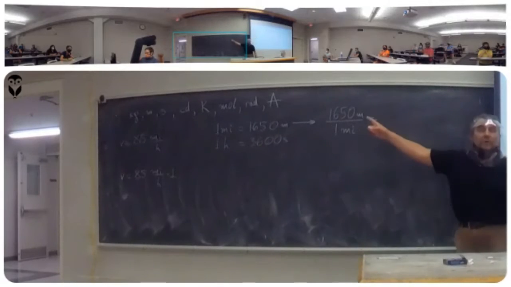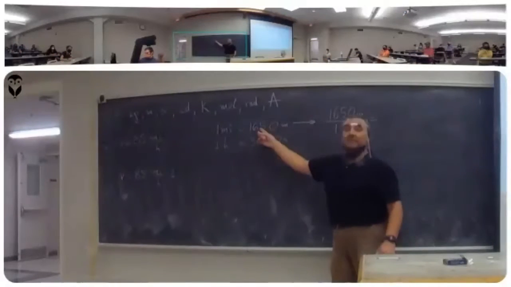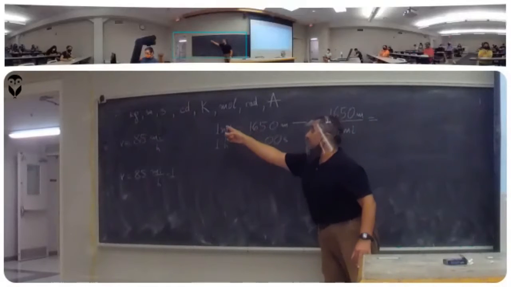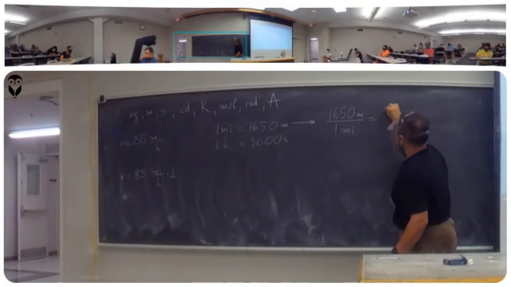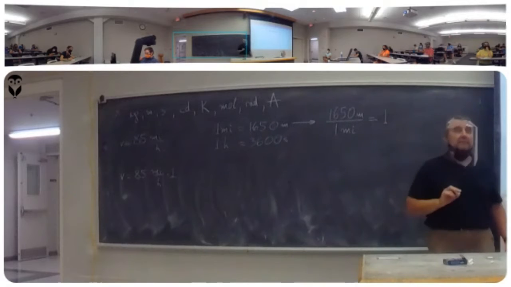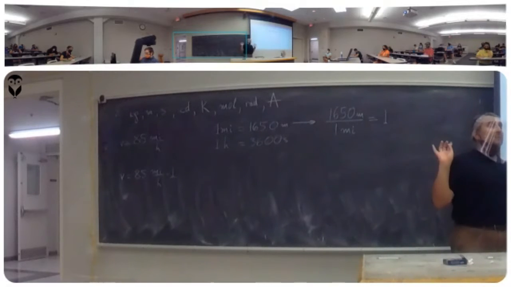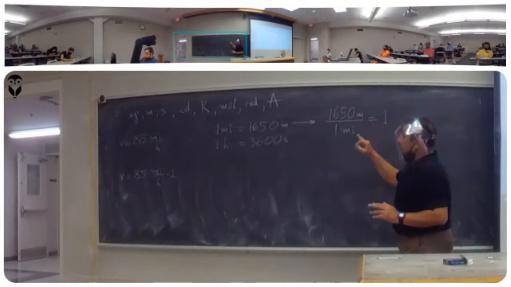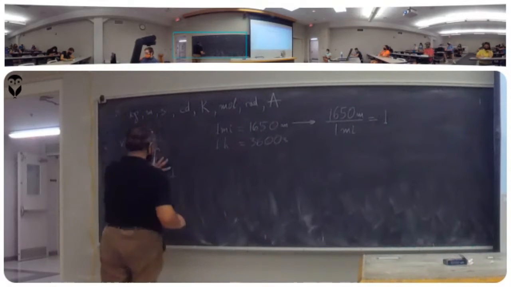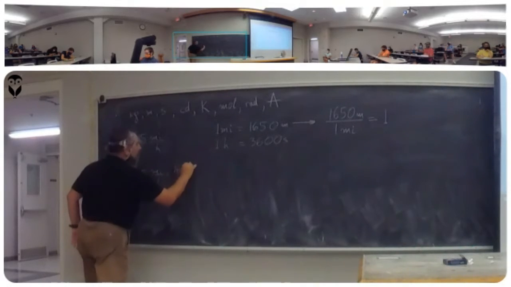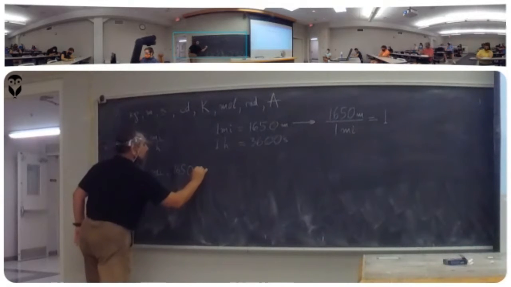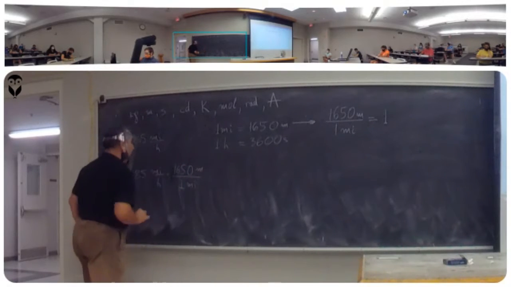Okay, so what is this ratio? Well, if you take this equation and divide both sides of this equation by 1 mile, this equation is exactly 1. Unitless number, dimensionless unitless number. So your factor of 1 here, you can write it like 1650 meters divided by 1 mile.